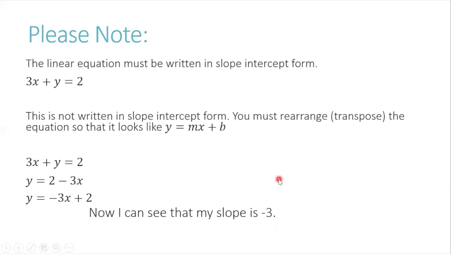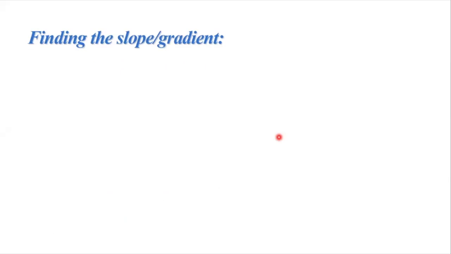If it wasn't clear enough, we do have more examples that we'll be practicing to help you understand. Once again, if your equation is not in the slope-intercept form, you cannot identify the slope. Okay, let's move on. Let's look at some examples, and you can write these down.